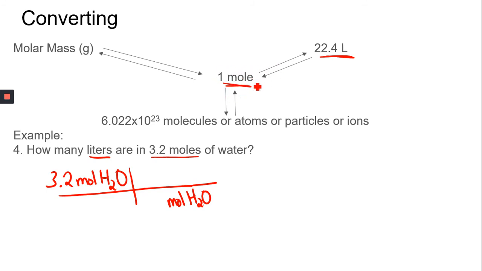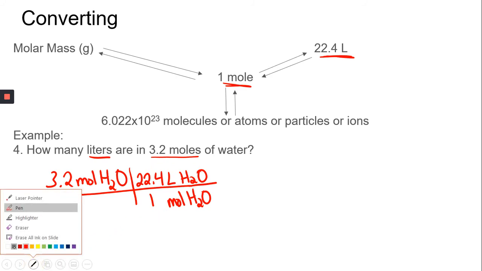So if I'm in the center of my map, I can go anywhere I want, and since the question is asking for liters, we're going to go this direction to liters. So we'll change the unit to liters and keep the substance still water. 1 goes with mole, and liters is 22.4. So we put 22.4 on the top.